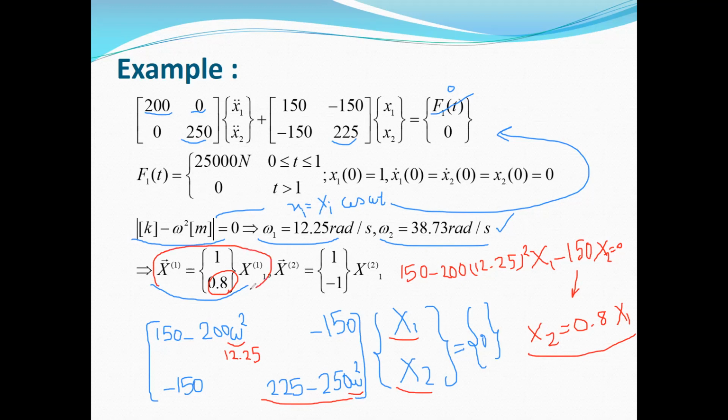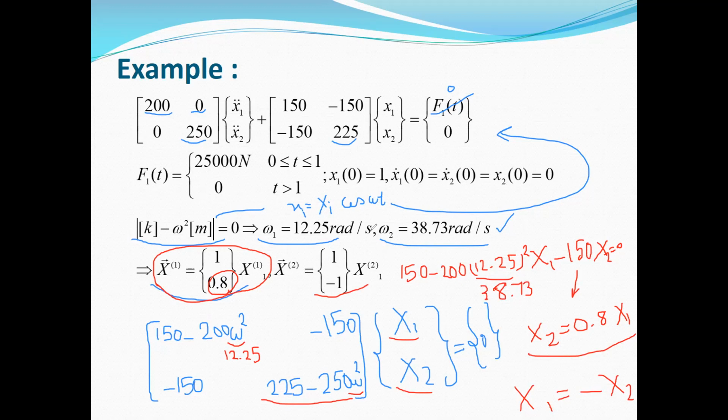And for the second mode shape, you only need to substitute, instead of 12.25, 38.73, or omega 2. Once you substitute omega equal to omega 2, you can extract that x1 is equal to minus x2. As you can see, this is the second mode shape. So we obtain these mode shapes and the natural frequencies.